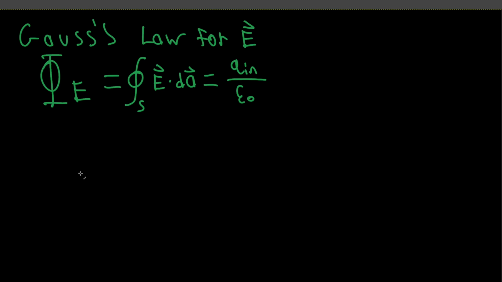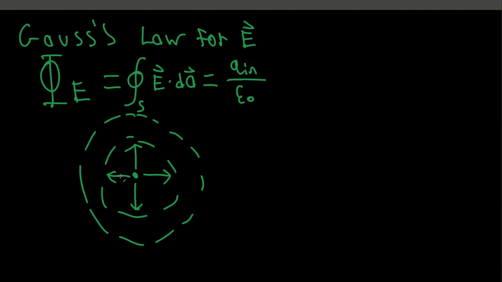If we think about that for a minute, and our concept of flux as the field lines going through a closed surface, we can very clearly see that even if the field lines become more dispersed as we get farther away from the charge we have enclosed, it's still the same amount of flux that goes through, because even though it's more dispersed, you have a bigger surface area.